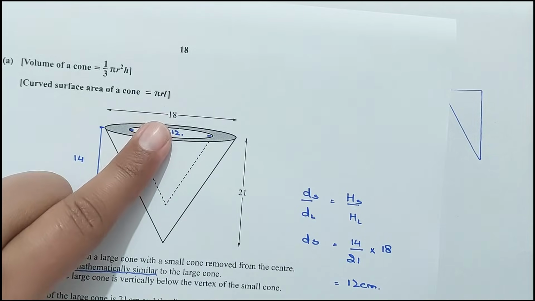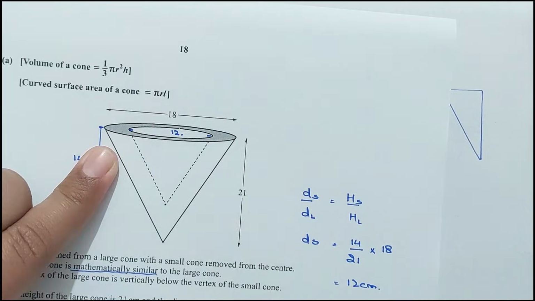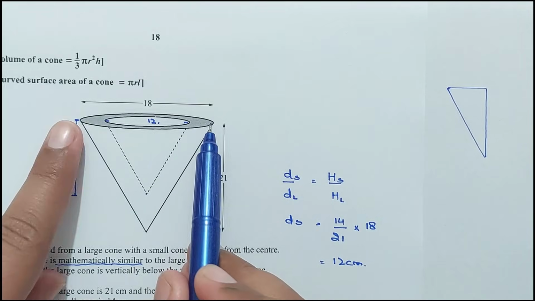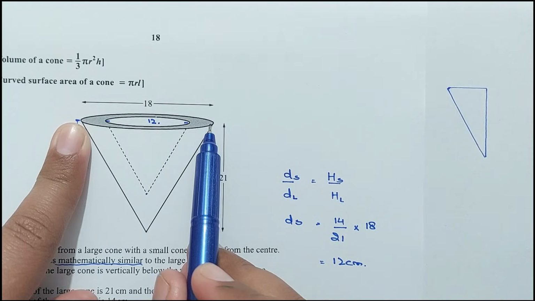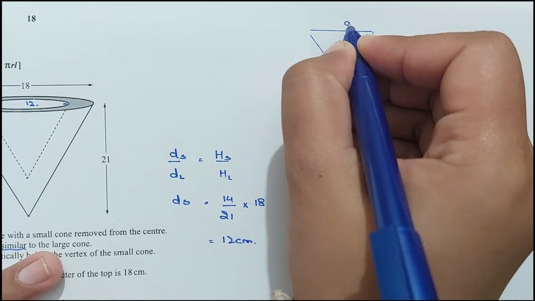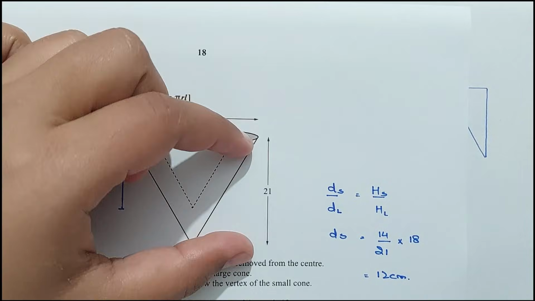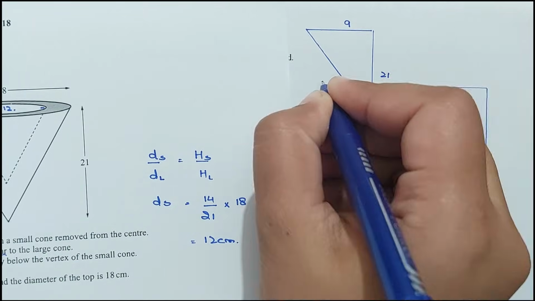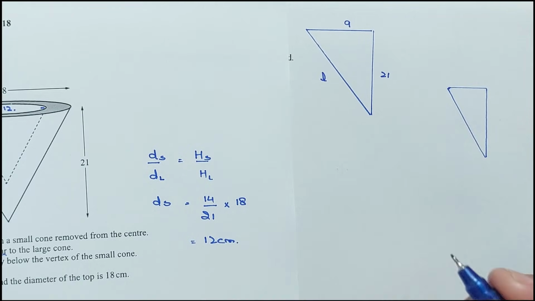So the larger one, this is the larger cone diameter, the radius would be 9. So this is 9 and the height is 21. We have to solve for the slant height L. This is the slant height L, right?